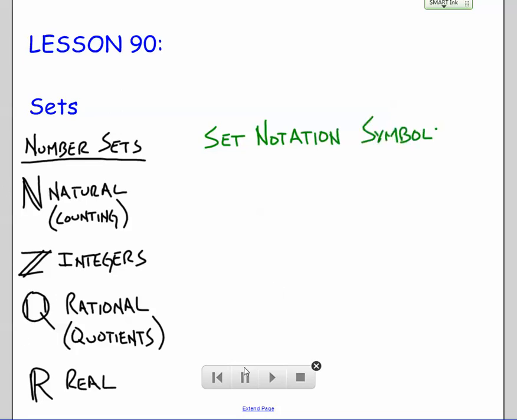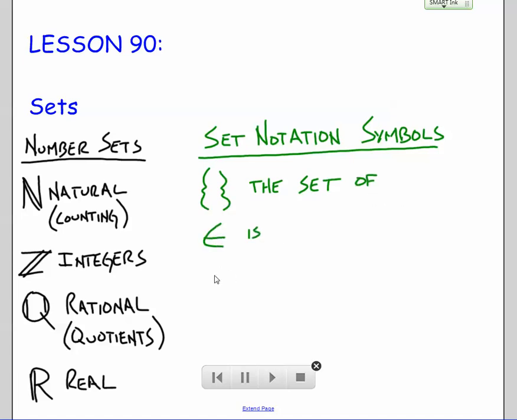I also want to throw some set notation symbols at you, and this is going to be the majority of our lesson here today. We've already seen these symbols, and we know that anything in there is the set of. This symbol looks like a kind of a curved E, means is an element of. This same kind of curved or sideways U here means is a subset of.